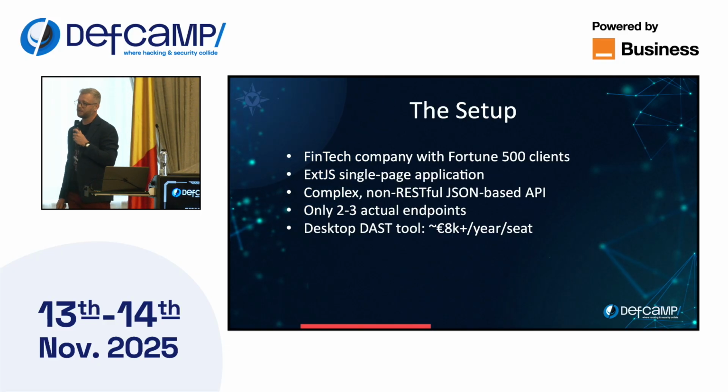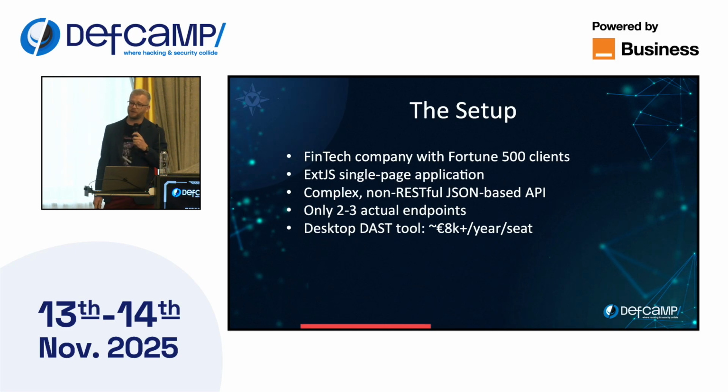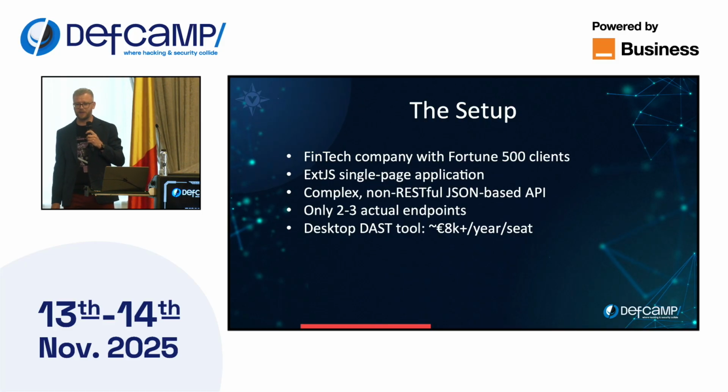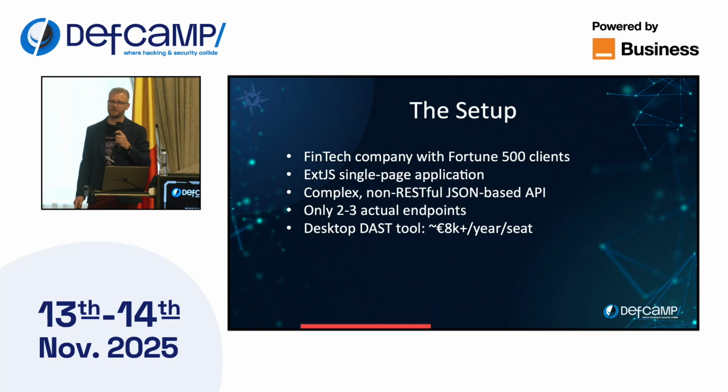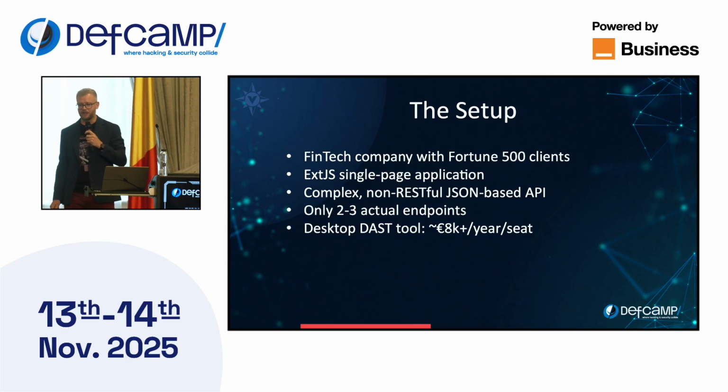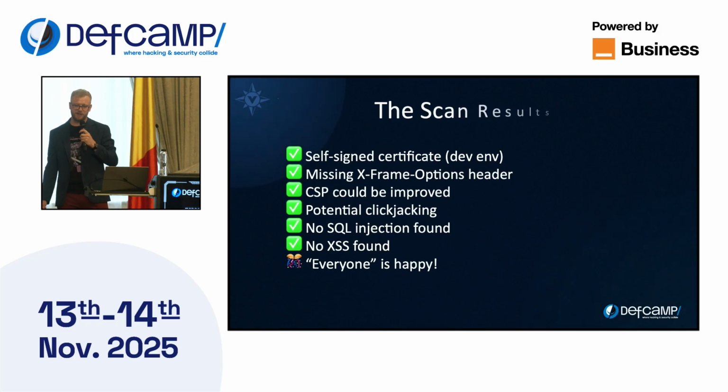Only 2 or 3 actual endpoints, because everything else was handled by the internal logic within the JSON, and also the routing happened on the front end and so on. And this DAST tool, a few years back, was like $8,000 per year per seat, right? So it's not super expensive, but it's not on the cheap side either, depending on the size of the company, right?